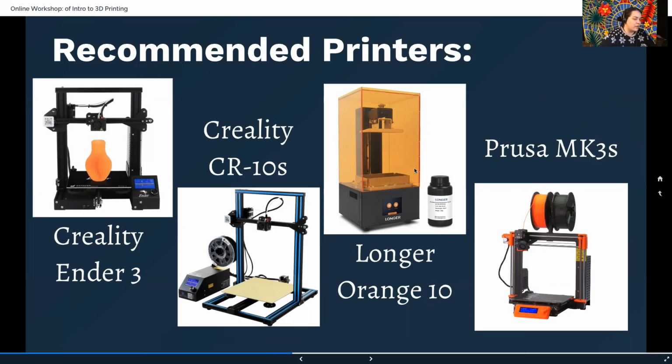And then the SLA printer that I mentioned earlier is this longer orange 10. That's the miniatures 3D printer that I purchased earlier this year. And it's been cool so far. I've seen some reviews saying that it has some limitations, but for me, just making miniatures, it's been pretty awesome.